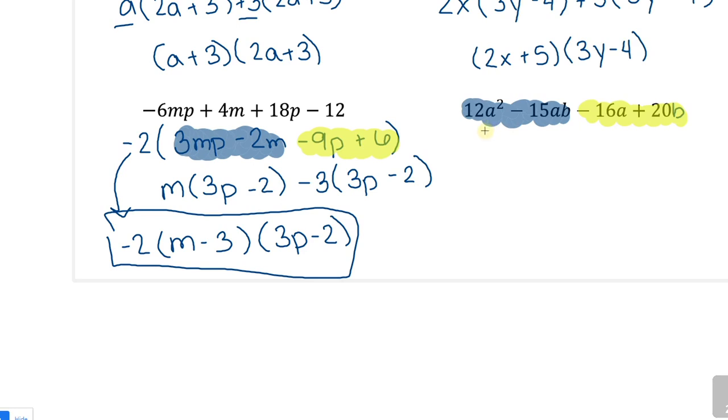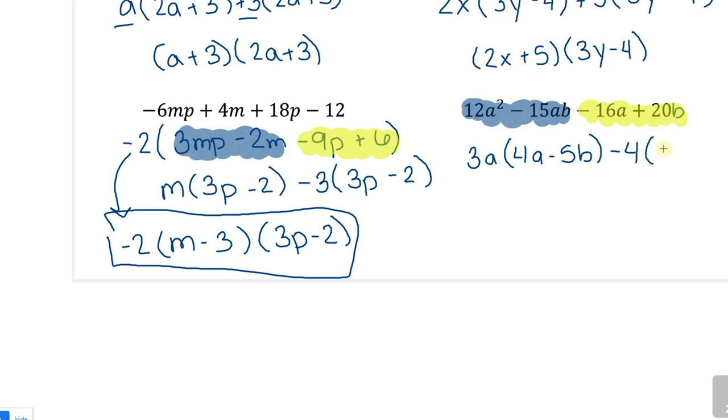The greatest common factor between our first two terms is 3a, and then we divide out. When we divide it out, we get 4a minus 5b. Now let's find the greatest common factor in our second two terms. It's going to be a negative 4.